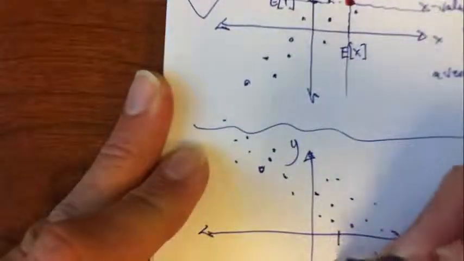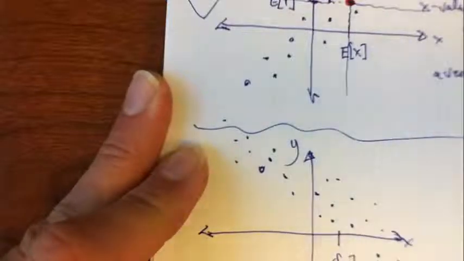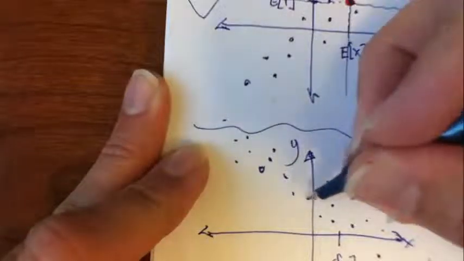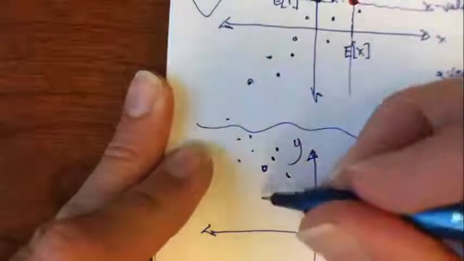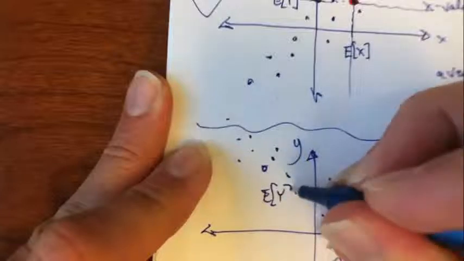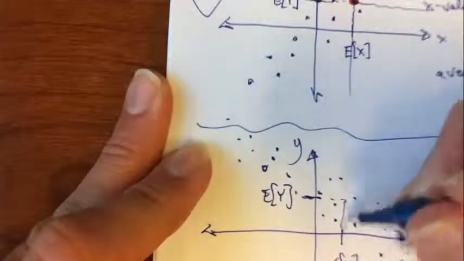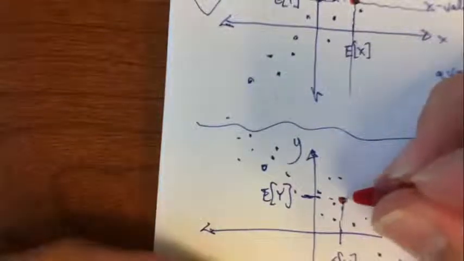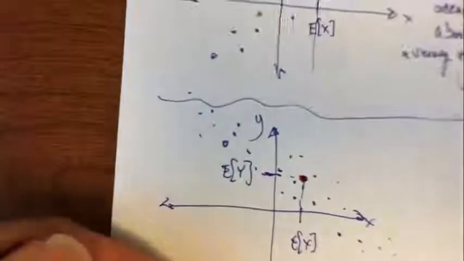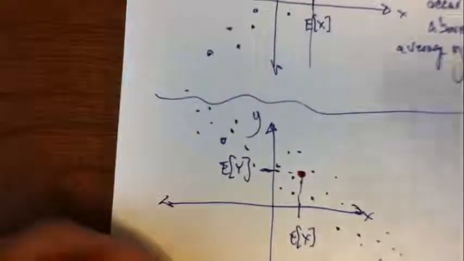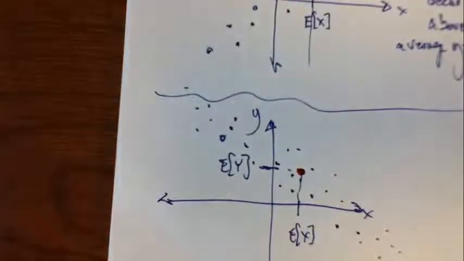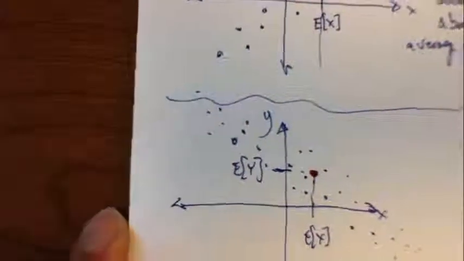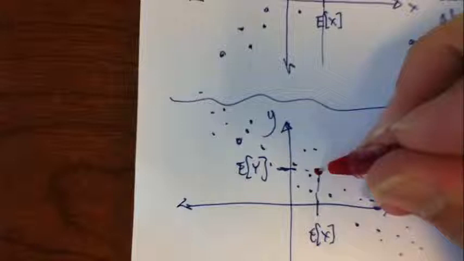So here's the expected value of the x values. I guess that's about right. And maybe the mean of the y values is, I don't know, it could be anywhere. It's like here. And again, I'm going to color that red, no offense to my wonderful blue sparkle pen, because the center of mass here may or may not actually be a data point, or may or may not actually be allowed to be a point from the distribution.